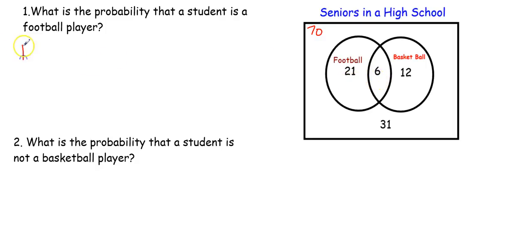So the probability of finding a football player, I'll write P of F is equal to 27. You know from where we got this number 27. 27 is 21 plus 6. 27, and the total number of students are 70.